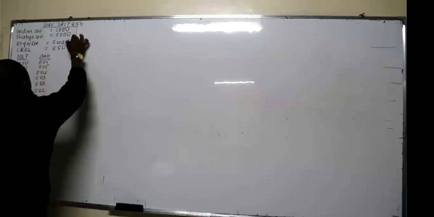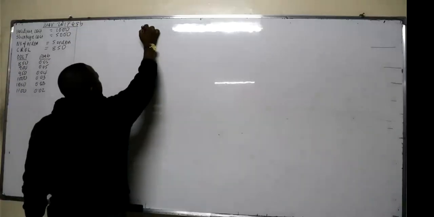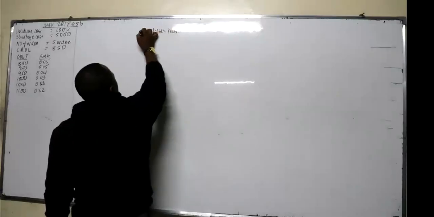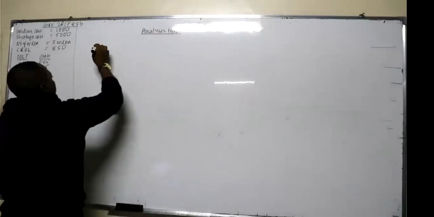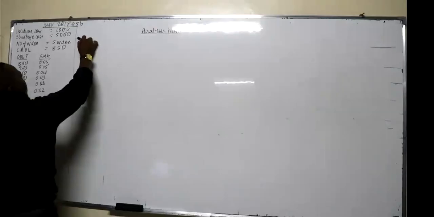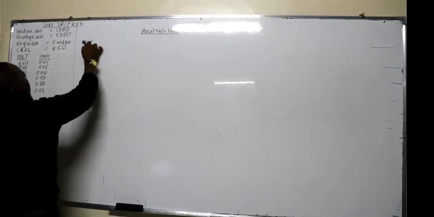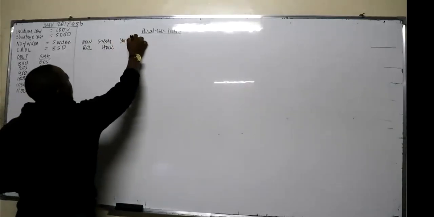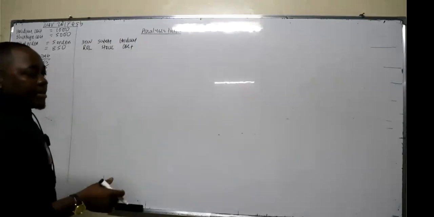Then from there, we come up with an analysis table. So here we have our new reorder level. Once we have the new reorder level, we determine the amount of the safety stock. Then we determine the incremental holding cost. And then also in this case, they have given us the ordering cost. That one will be constant.